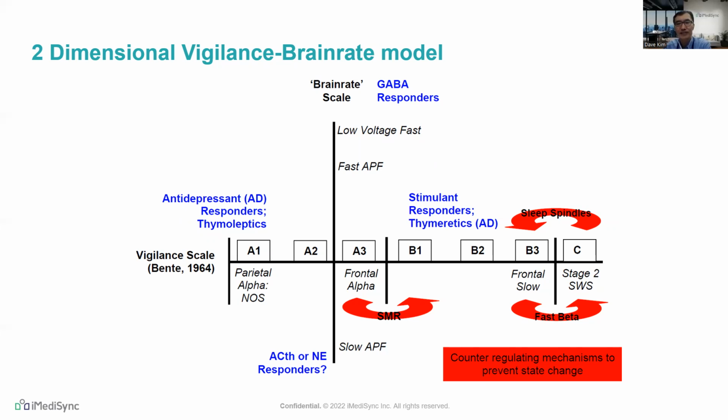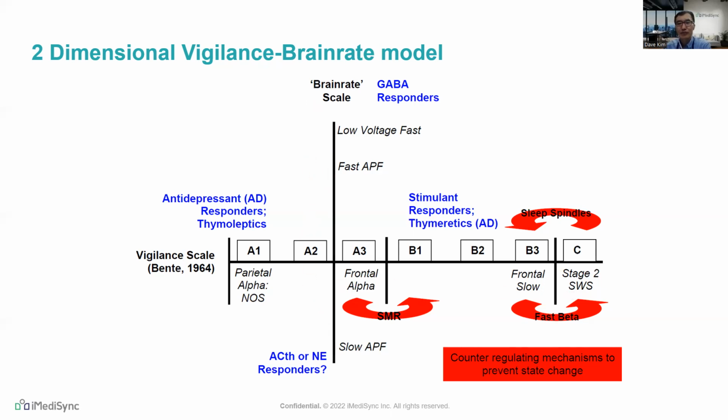As you can see here, the x-axis is the traditional vigilance model made by Bente in 1964, and the y-axis is the expansion of the model, brain rate.